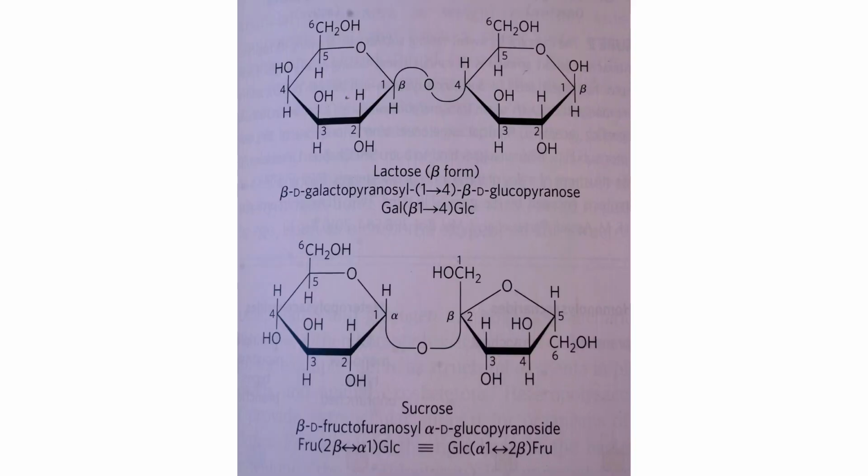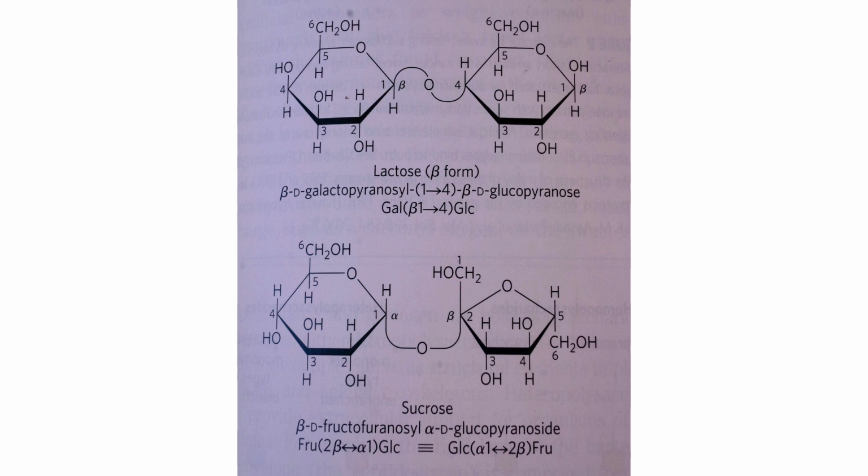So an example of this, which the shorthand version is lactose beta form, but the official chemical name would be beta D galactopyranosyl, and then the connection is from 1 carbon to 4 carbon, 1 carbon of the galactose and the 4 carbon of the glucose. That's the non-reducing residue.